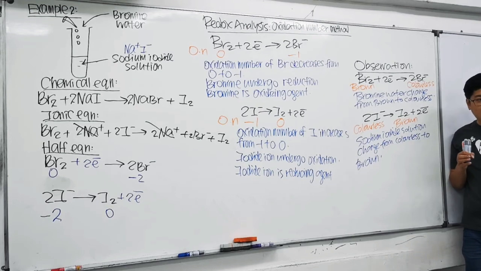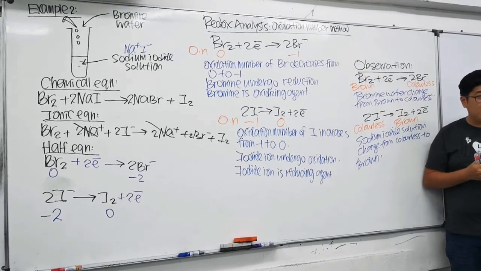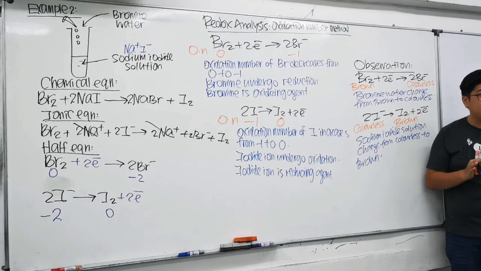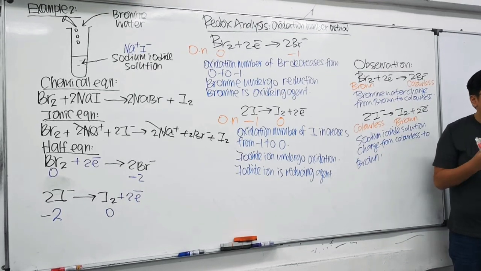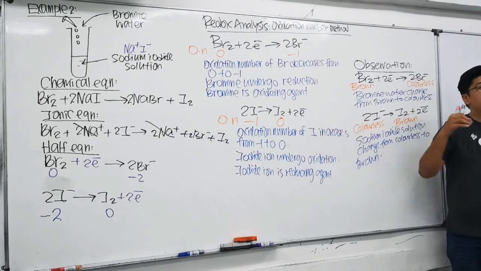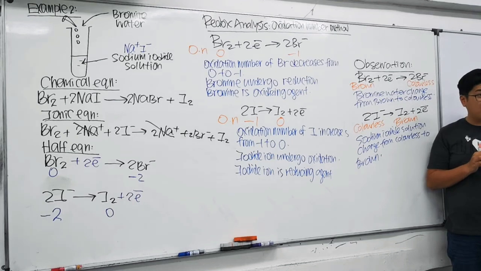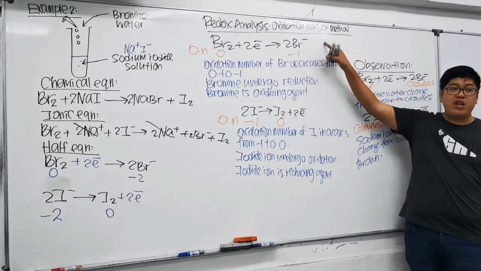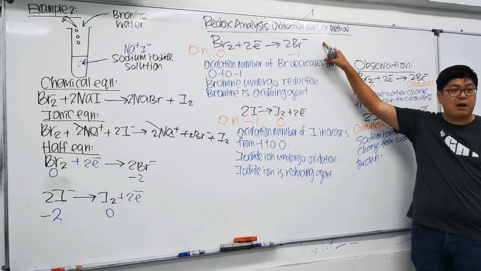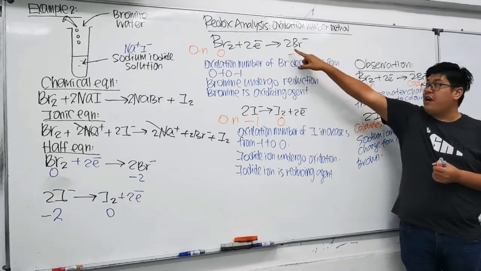But guys, one thing to emphasize is here. You must be very careful when you list out oxidation numbers. Understand? Please remember this. When you want to figure out how many electrons you need in the half equation, you need to find the total charge. But when you want to do the redox analysis using oxidation number, when you want to list out the oxidation number, you don't need to find the total.